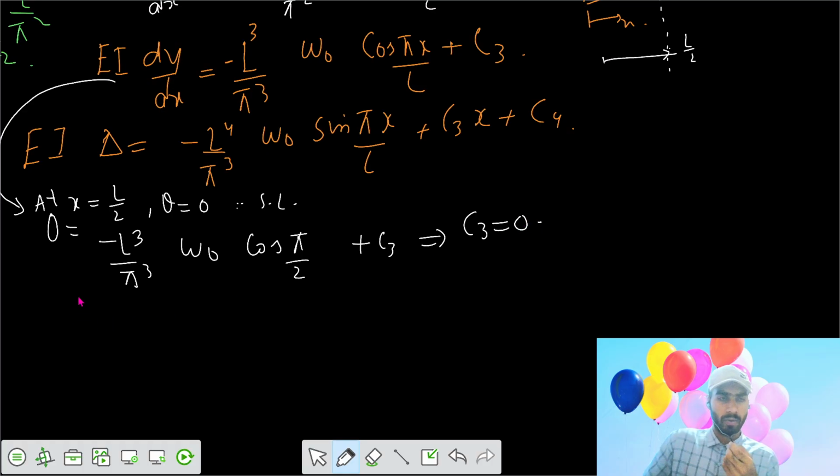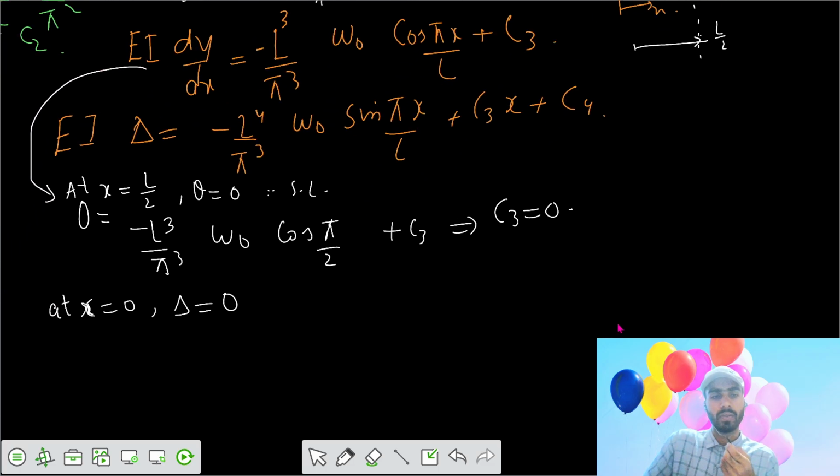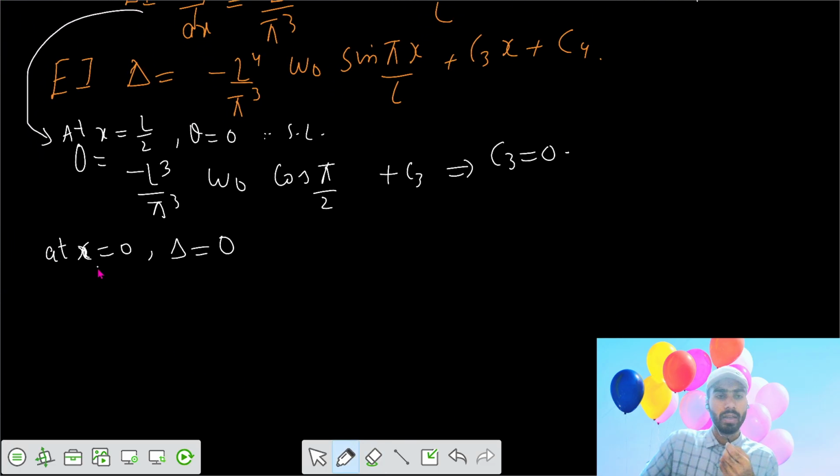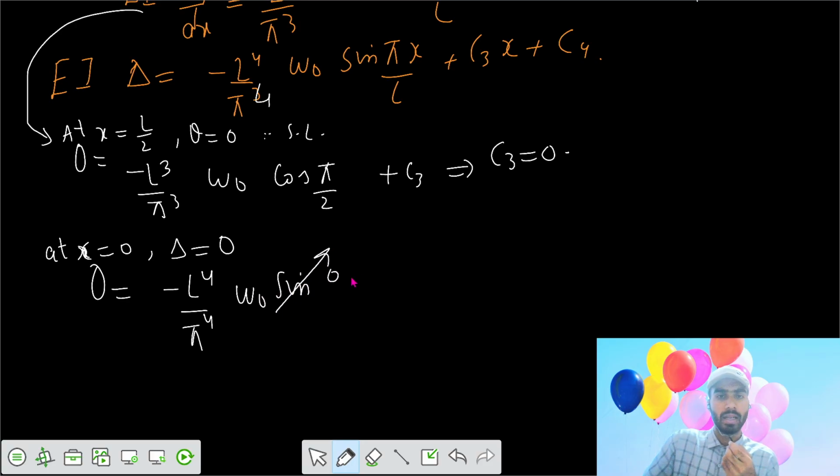Similarly, the deflection at x equals 0 is 0, because at the supports there is no deflection. So we have the equation 0 equals minus L to the power 4 by pi to the power 4, W naught sine of 0, that becomes 0, plus C3 into x, and C3 is also 0, plus C4.